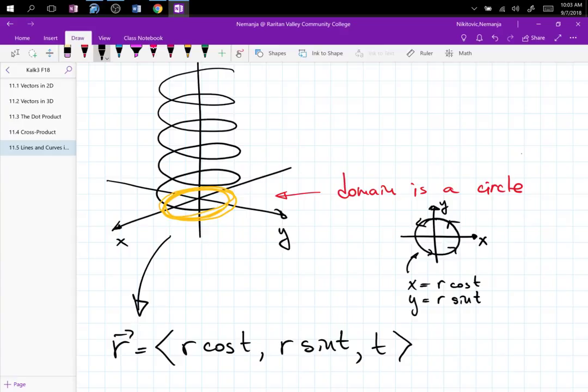Yes? So t isn't the height, t is the slope between each. Very good question. T is not the height. Think of the x, y, and z positions within that vector. That's what you're supposed to think of.